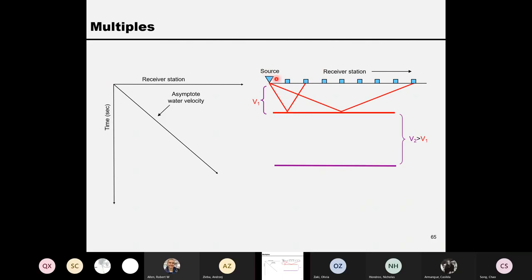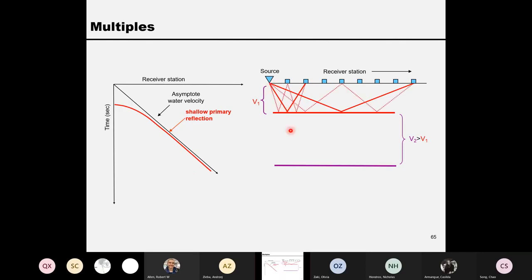For the water layer reflections, here you have events that look like this. The curve depends on the offset because velocity is constant. Right? This curve is absolutely hyperbolic because the velocity is constant in the water layer. It's accurately represented by the hyperbolic equation.